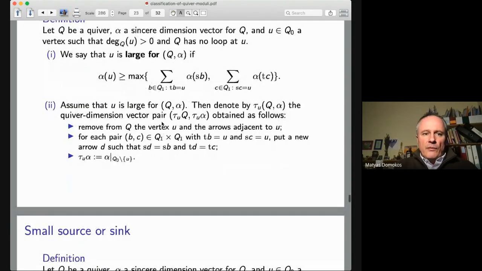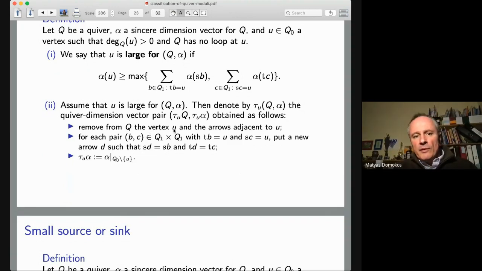And for such a vertex, so if U is a large vertex for the pair Q alpha, then we define an operation denoted by tau sub U. So tau sub U of Q alpha will be the quiver dimension vector pair, which we obtain in the following way.